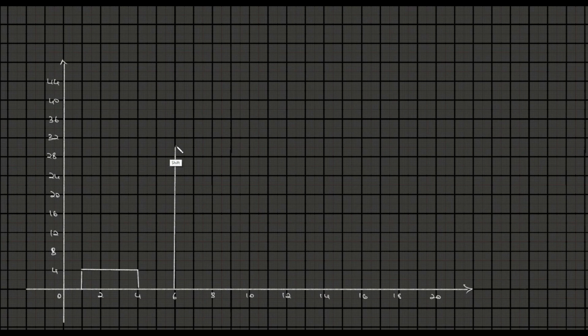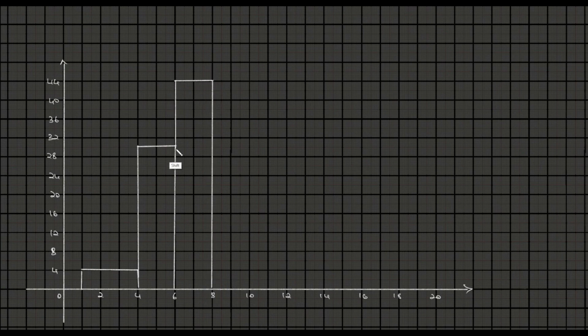So that would be your 30. 6 to 8 is 44. 8 to 12 is 8. And 12 to 20 is 1. So somewhere along 2.5 to 3 is where we are looking at. Between 2 and 3 actually. It's supposed to be 2.5.